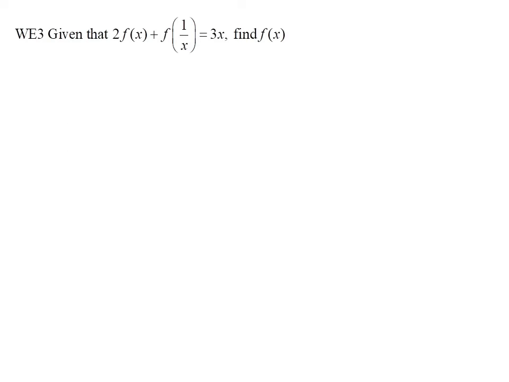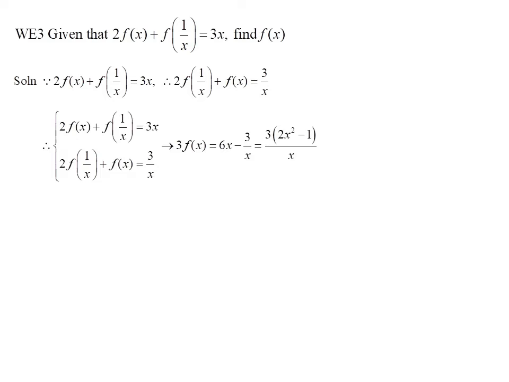Example 3 is to find the expression of function f(x), given that 2f(x) plus f of 1 over x equals 3x. According to the given criterion, we substitute x by its reciprocal and vice versa. In this way, we have another equation which is 2f of 1 over x plus f(x) equals 3 over x.